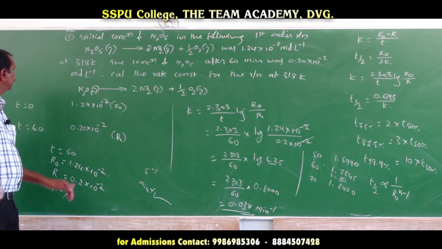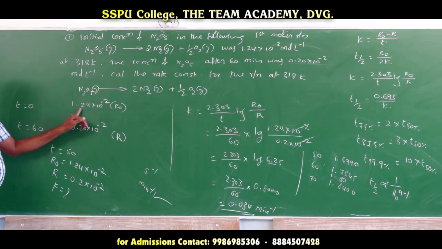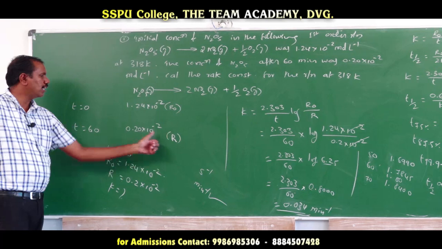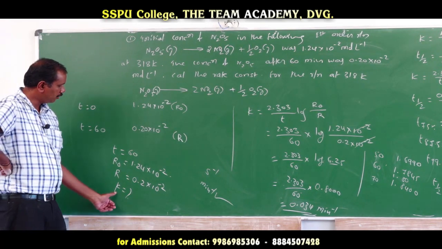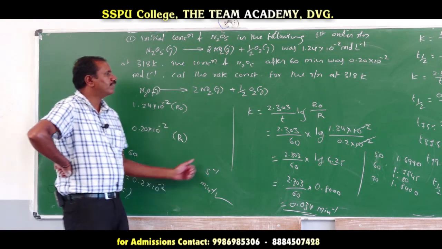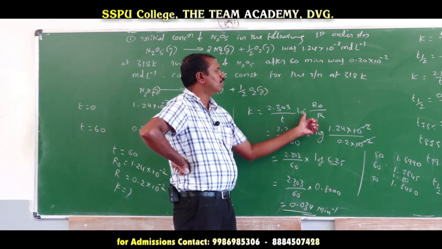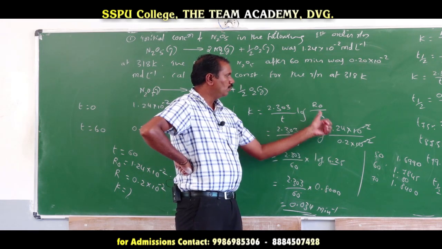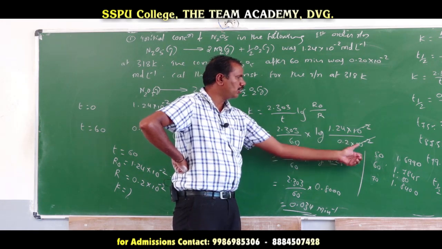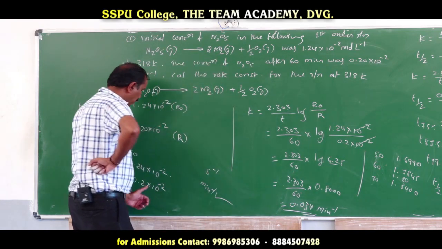See, the initial concentration of N2O5 is 1.24 into 10 to the power of minus 2, nothing but R0. The concentration left behind after 60 minutes is R, 0.20 into 10 to the power of minus 2. Then I have to find the value of K. The equation: K equals 2.303 by 60 into log of 1.24 into 10 to the power of minus 2 divided by 0.2 into 10 to the power of minus 2.